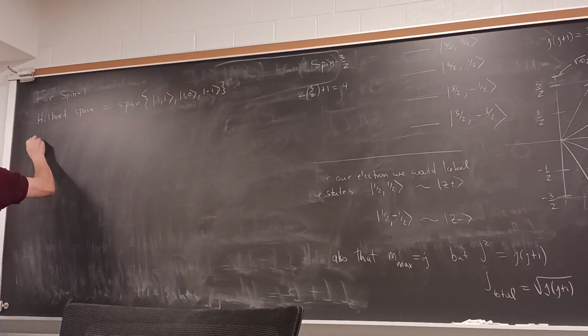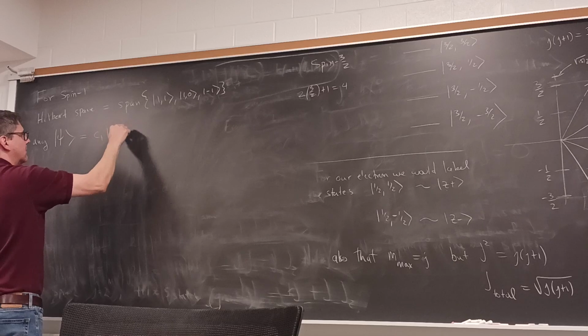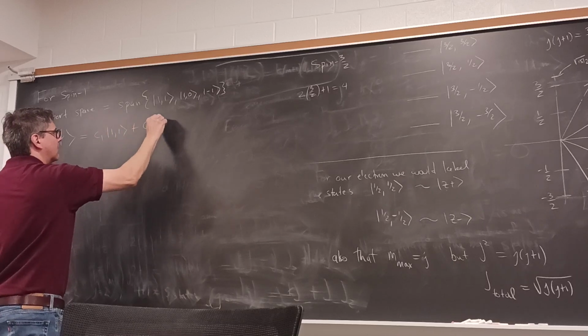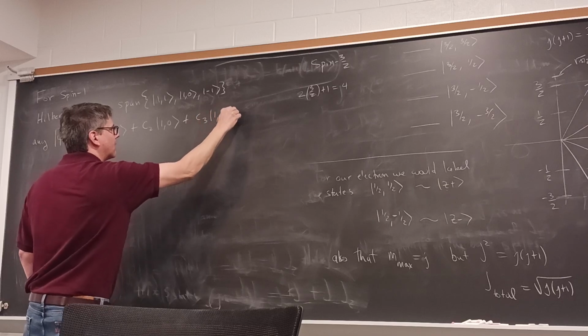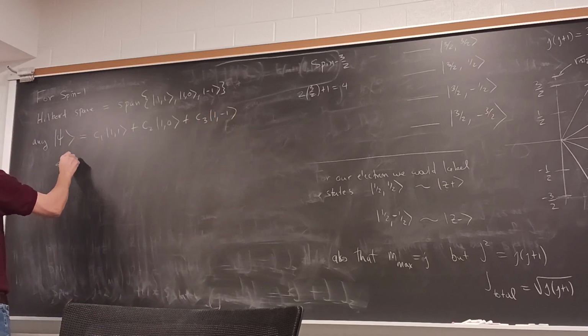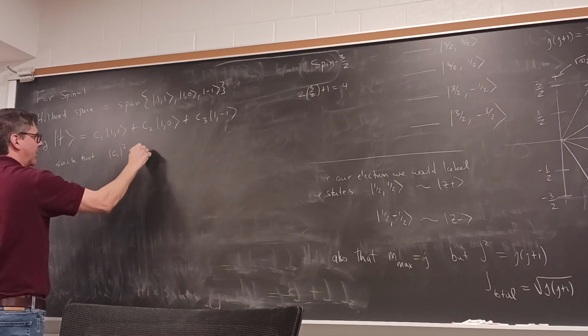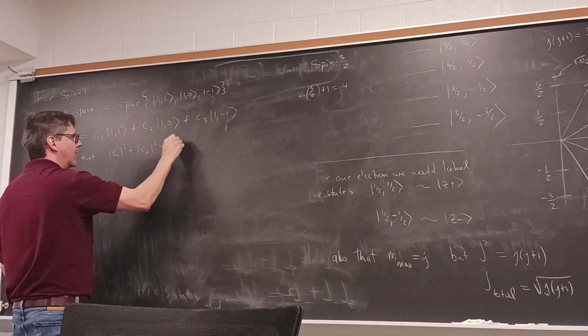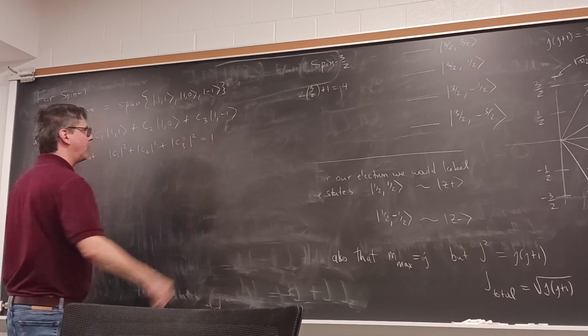That means any ket that has coefficients such that the magnitude of C1 squared plus the magnitude of C2 squared plus the magnitude of C3 squared equals 1.